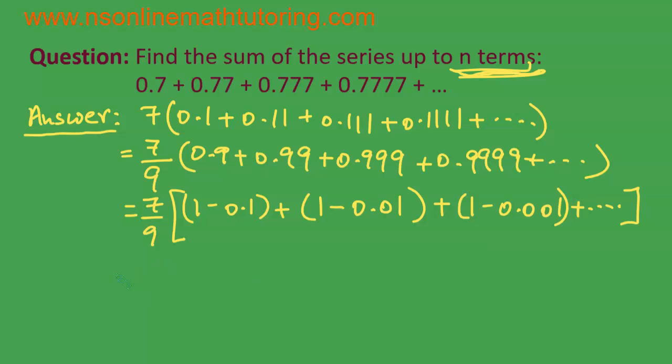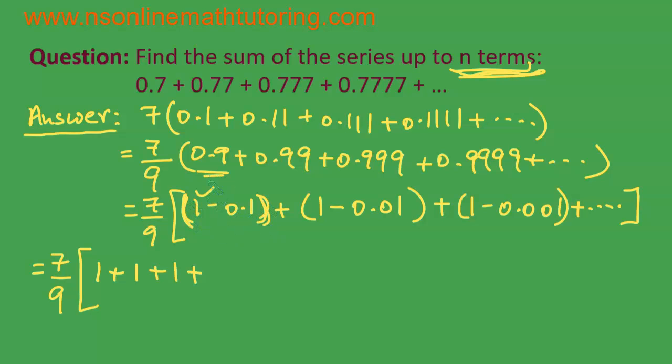So this is equal to 7/9. And how many ones will we be having? I'm just separating the ones. So 1 plus 1 plus 1 plus, I'll be getting a 1 from every number that I have changed.